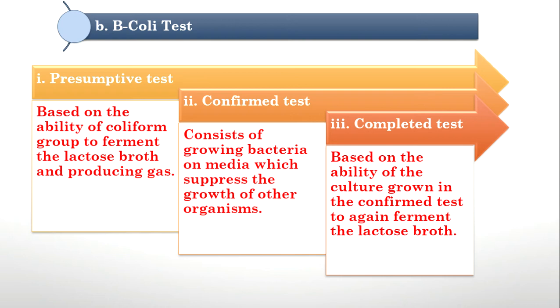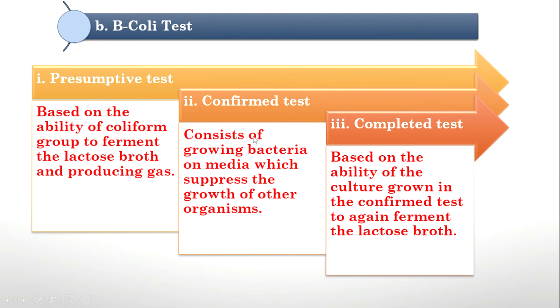The presumptive test is based on the ability of the coliform group to ferment the lactose broth and produce gas. A lactose broth solution will be there, and if this coliform bacteria has the ability to ferment this broth, this capacity is taken as the basis for the presumptive test.